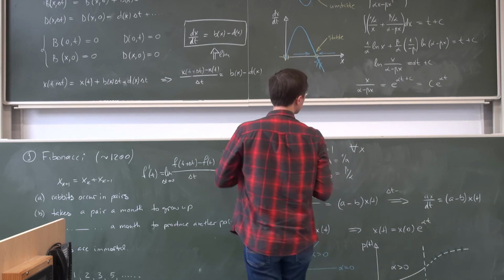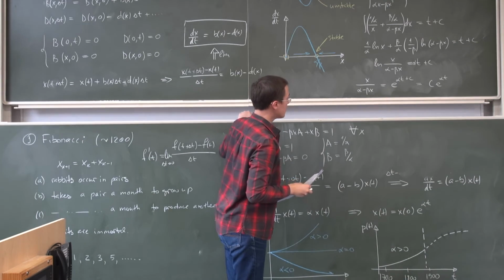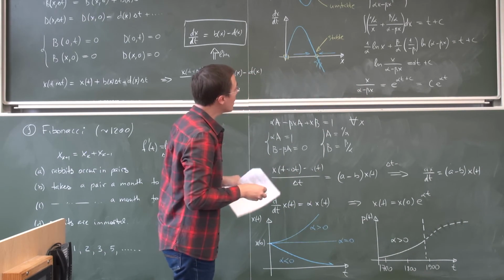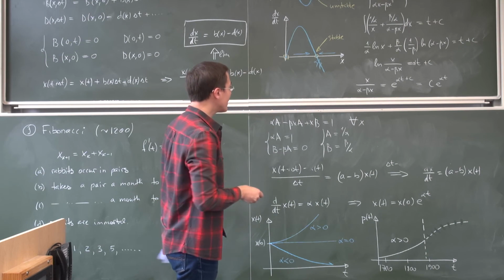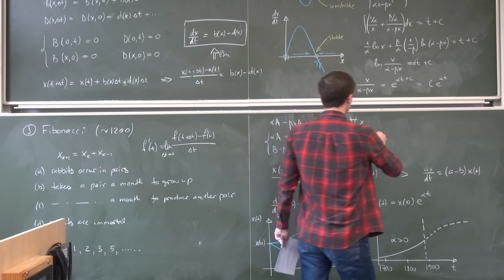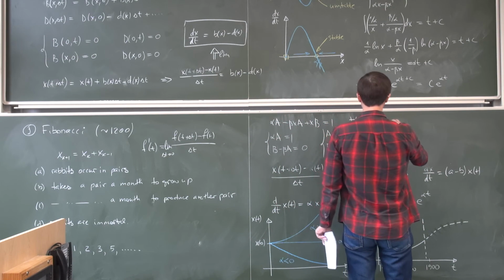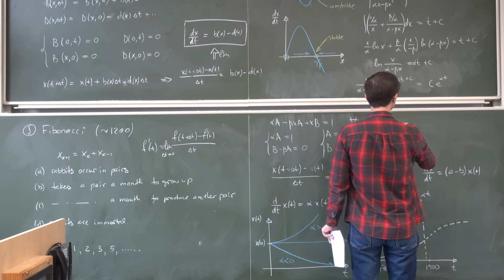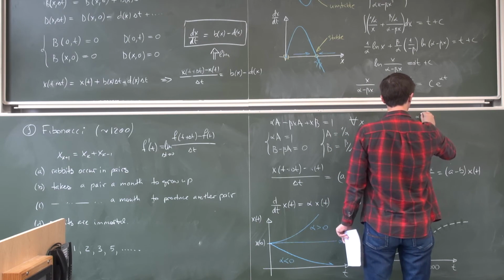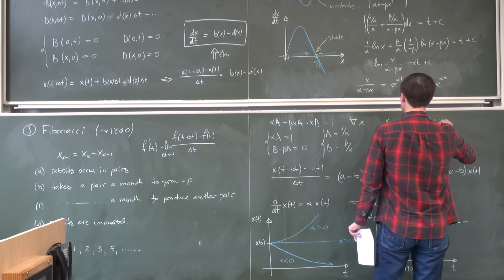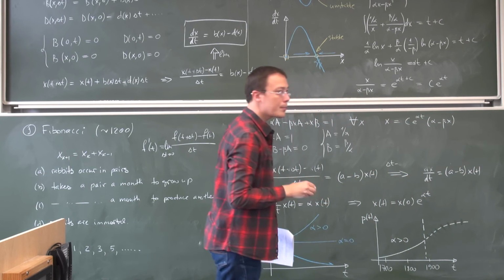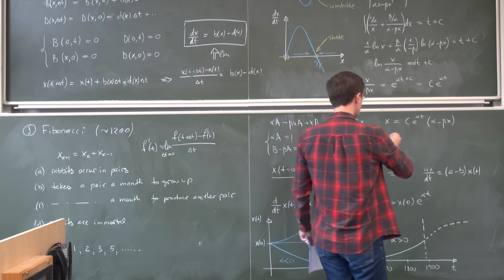Good. And the last thing that remains is, this is currently resolved with respect to x. With respect to time, let's actually solve this for x as well. So what we have is x equals c e^(alpha t) times (alpha minus beta x). Opening up the brackets, collecting the x's.